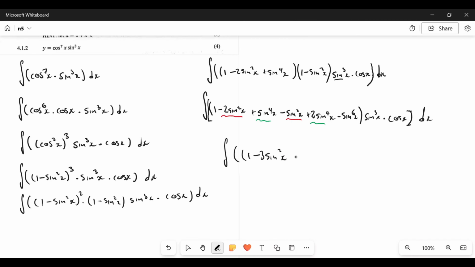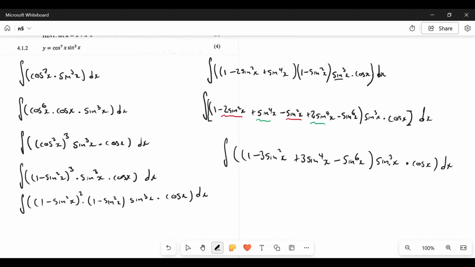So this is going to give us plus 3 sine to the power of 4x. There we go. And the last one, we are left with negative sine to the power of 6x. And we close bracket. Don't forget, outside there, we are also having sine to the power of 3x multiplied by cos x, close bracket, dx there.